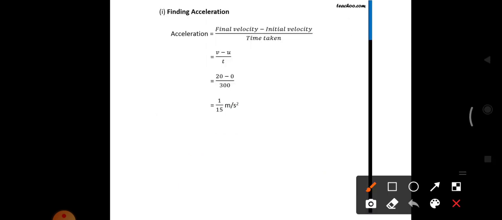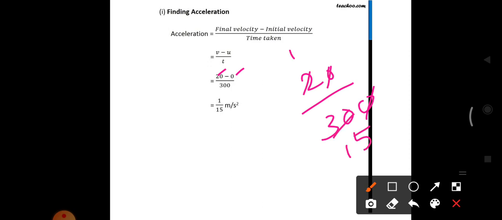So here I substituted the final velocity is 20 and initial velocity is 0, by the time is 300 we already calculated. So 20 minus 0, 20 by 300. 0, 0 cancel, 2 15s are 30. So 1 by 15. The unit of acceleration is meter per second square.